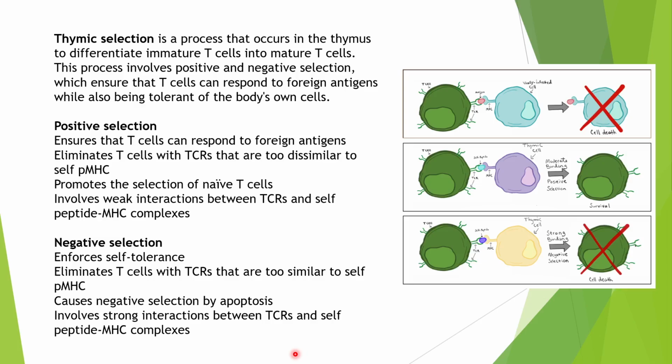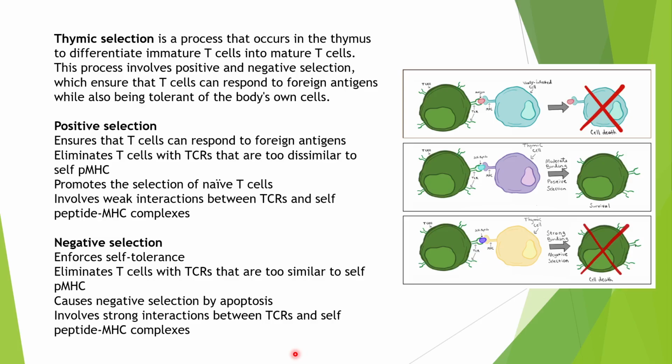So your immune cells have to differentiate between self and non-self, and once it differentiates this, it should try to eliminate the non-self antigens or non-self cells. So that is why both positive and negative selection is required. So positive selection ensures that T cells can respond to foreign antigens. That is, it can recognize that something is not from your body, something is foreign.